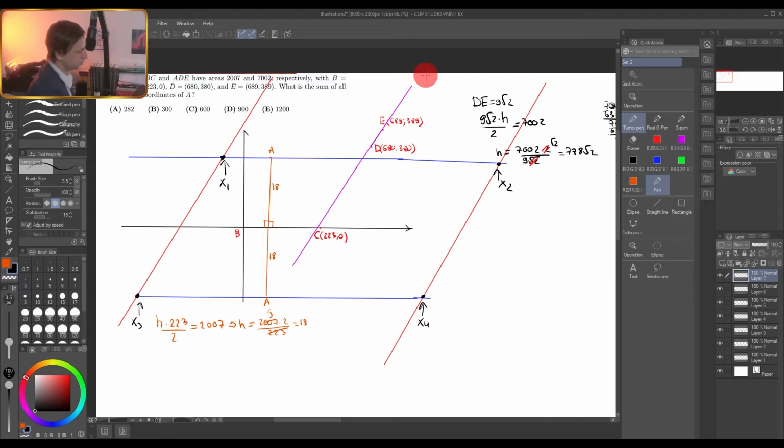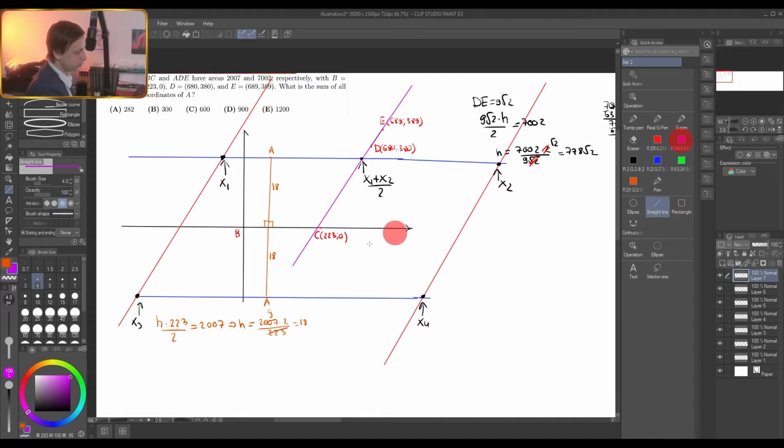And what is in between? Well, this line is on the same distance from these two lines. This line is a midline of this parallelogram. So x1 plus x2 over 2, it is the point like here. So the x coordinate of this point will be exactly x1 plus x2 over 2, because it's exactly in between.